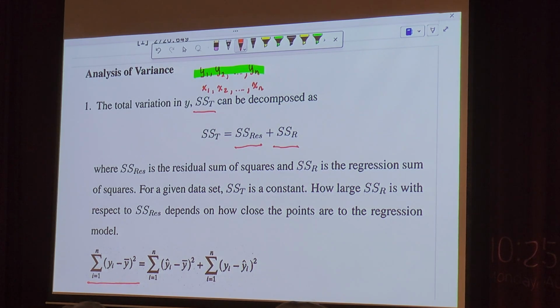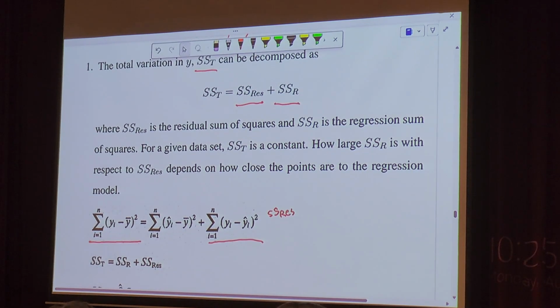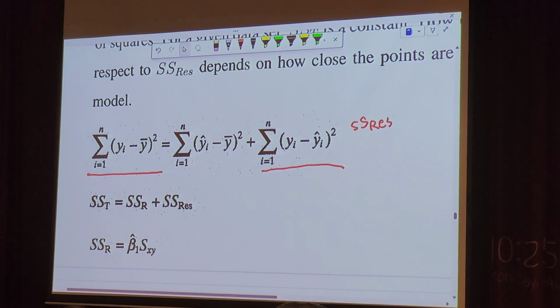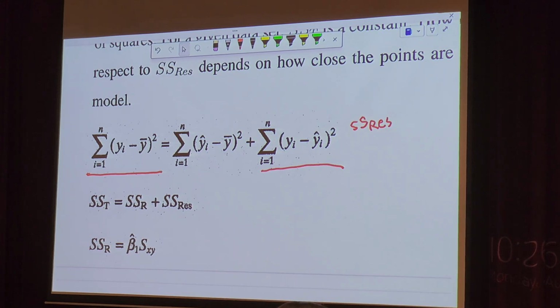Which one is SSR? This is SSR. The order is slightly off, but this is SS residue, so let me move it up. So let's take a look. What we have is this SST, the total variation in Y. We try to understand why there is a variation in Y. Can we somehow explain why?